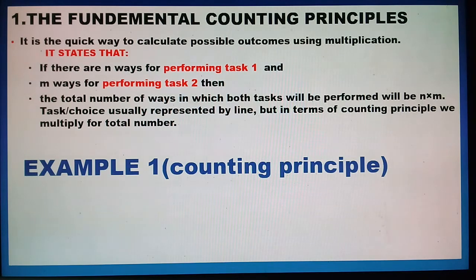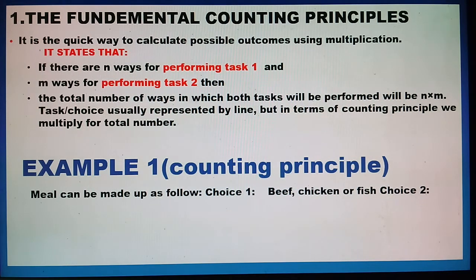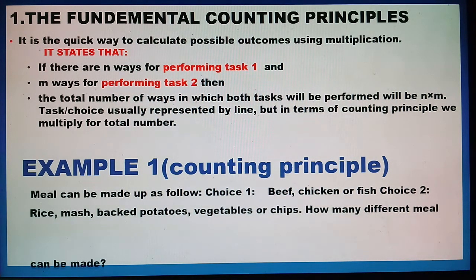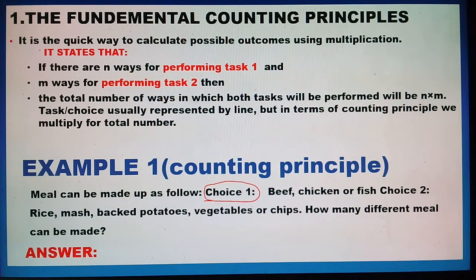Okay, example number 1, the concept of counting principle. We are making a meal, and a meal can be made up as follows. Here is choice number 1. We have beef, chicken, and fish in choice number 1.